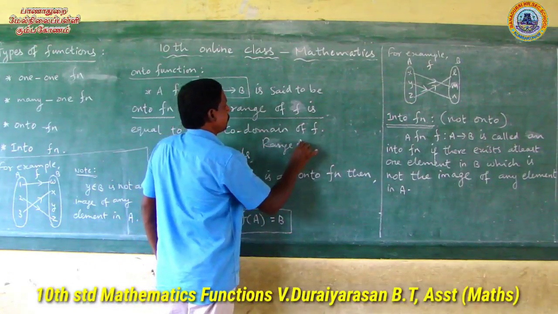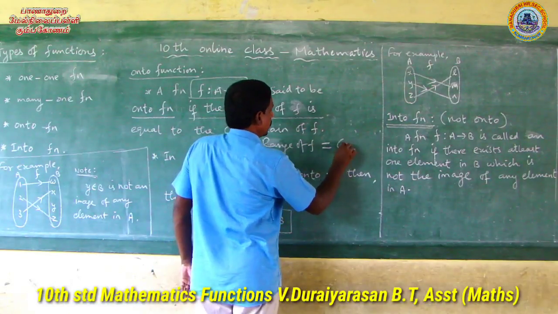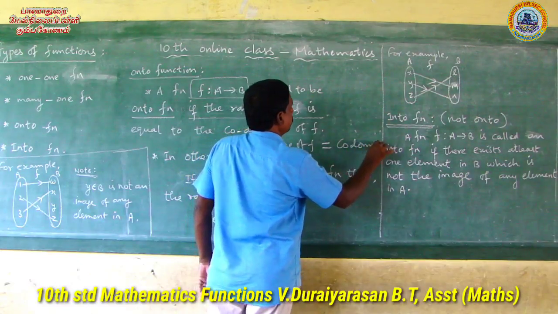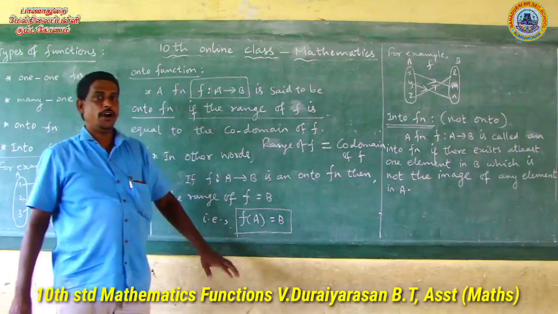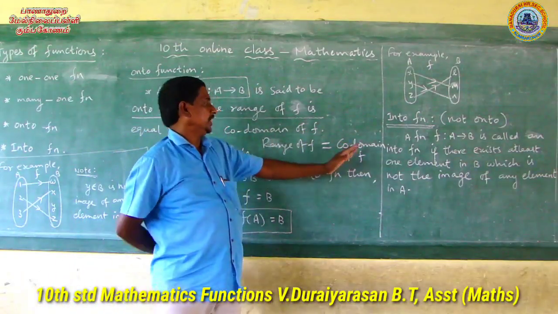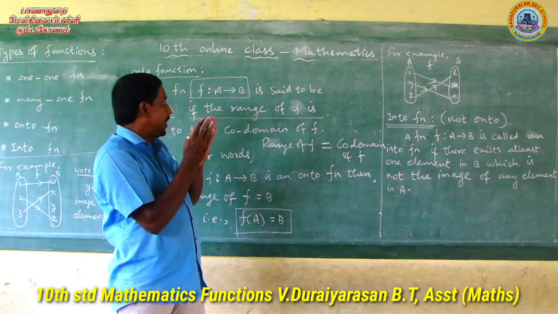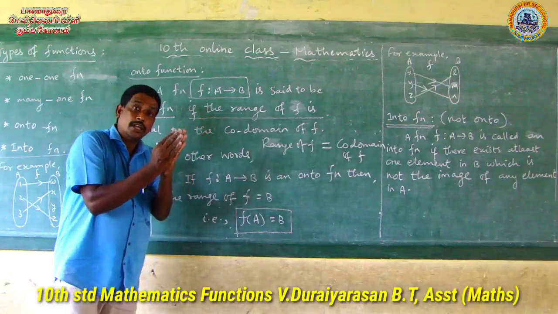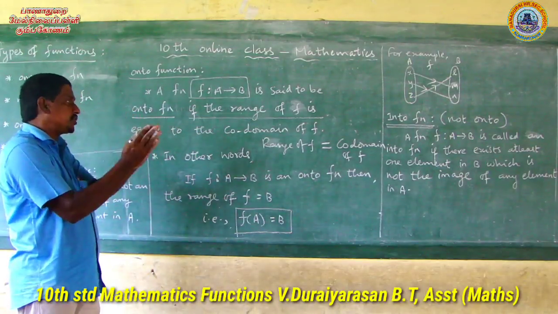Range of f is equal to codomain of f. The range value of the given function f is equal to the codomain value of f; both have the same elements. What is range?